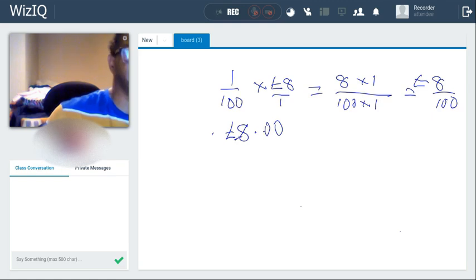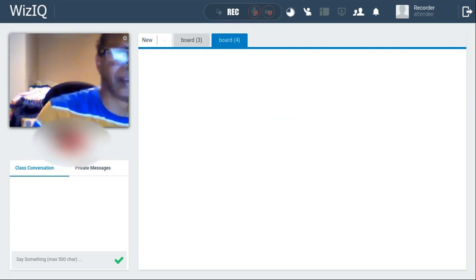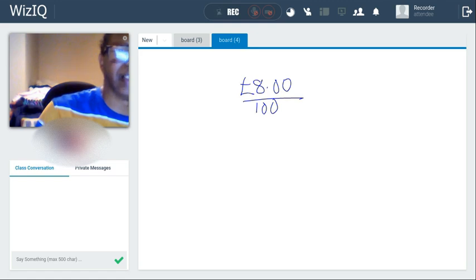So what I was saying, the reason for writing that is because here we are dividing by 100. Where you see pound, we have multiplied these two, then it's going to be 8 over 100. You see it? So what you have written is this, 0.00 over 100.